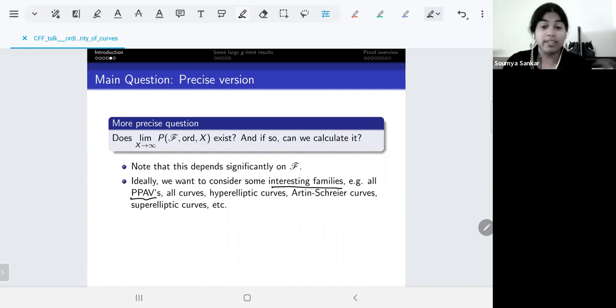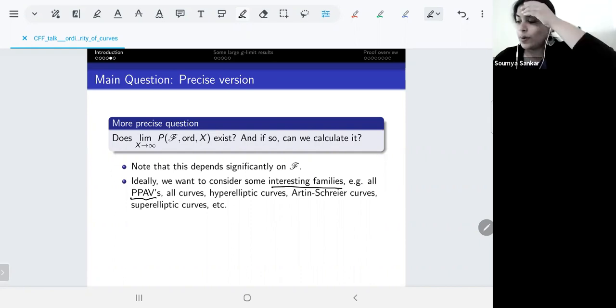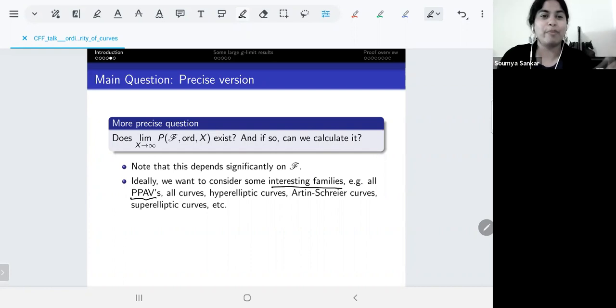So maybe all curves or hyperelliptic curves, a subset of curves for which this quantity is nice. So to put this in the context of the last talk, essentially I'm looking for a family that is asymptotically good. And for me, good means between 0 and 1, maybe slightly more interesting. Actually, even 1 is interesting.